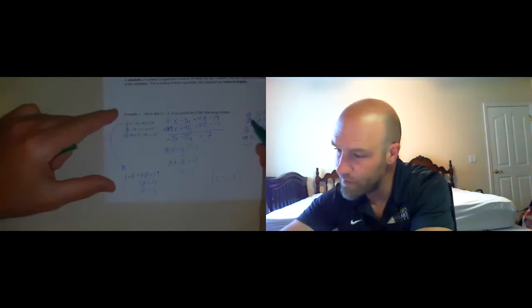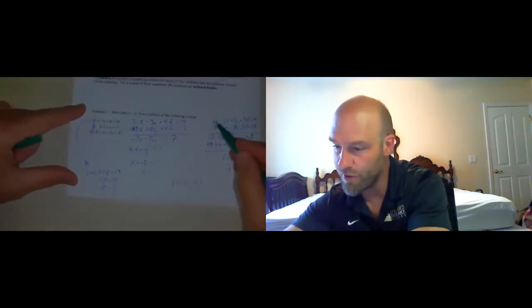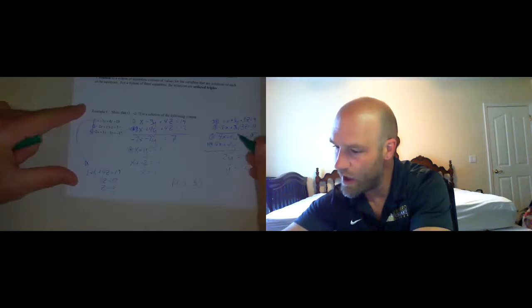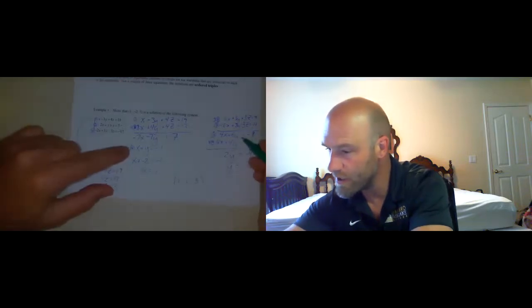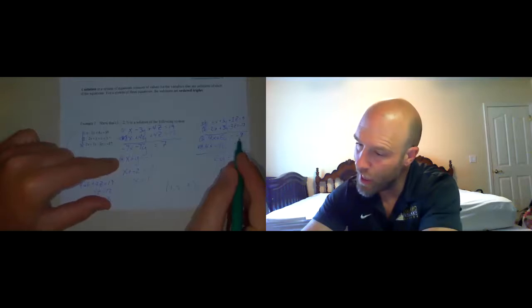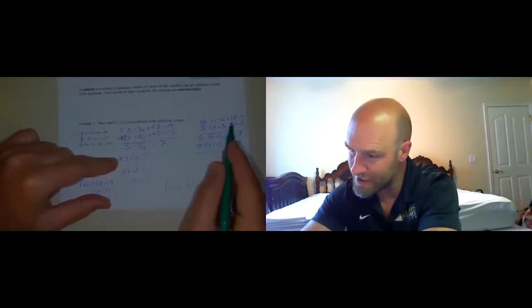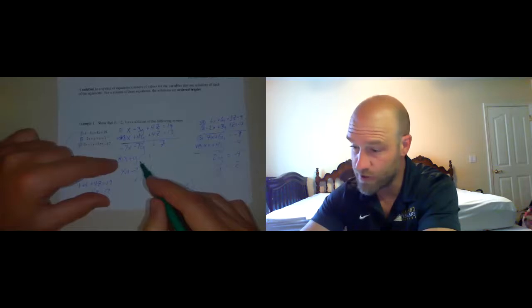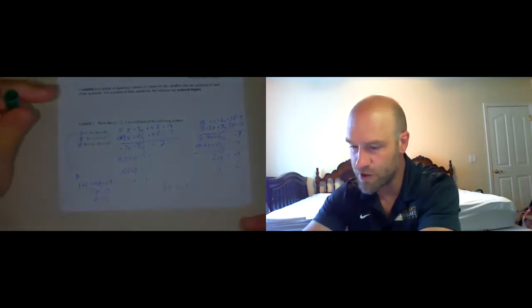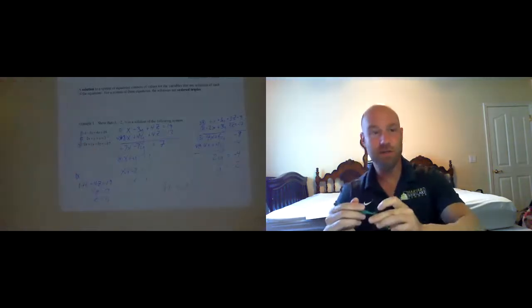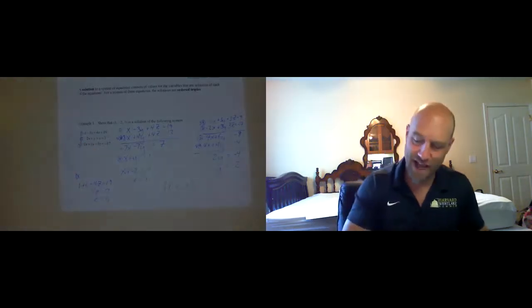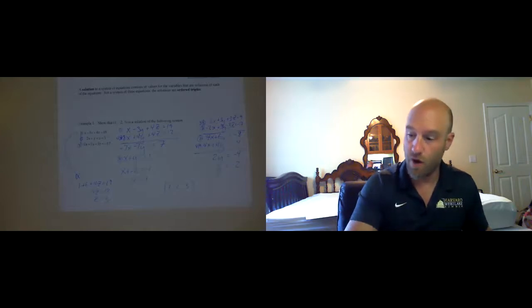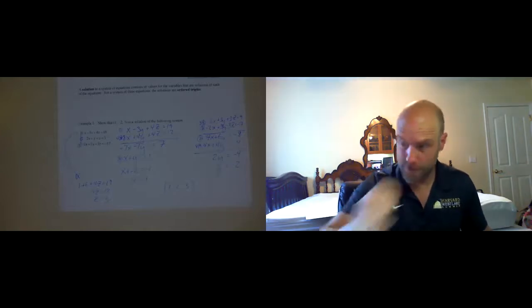I did a similar thing over here. I took 3 times equation 2 and equation 3, and I ended up with a new equation, which I called 5. By the way, this one over here was 4. And you'll notice that I eliminated z from those two equations. Now I have two equations, equation 4 and 5, both of which don't have a z. Two equations, two unknowns. That's exactly what we were doing yesterday. So I solved those.